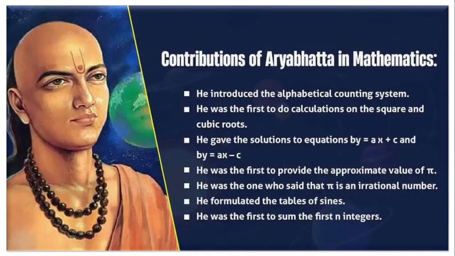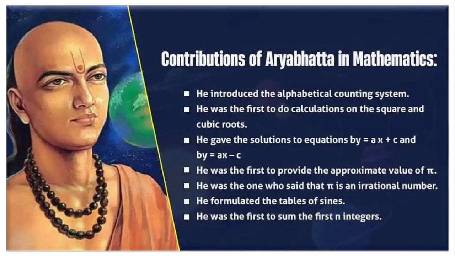But before that, Indians had surmised that square root of 2 must be an irrational number. It could not be expressed as the ratio of two integers.